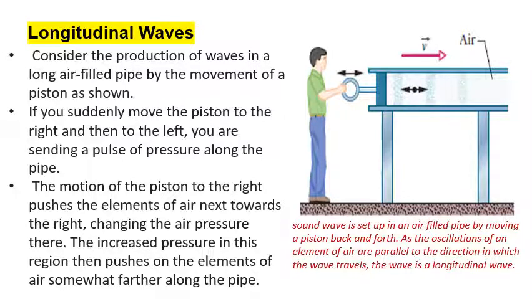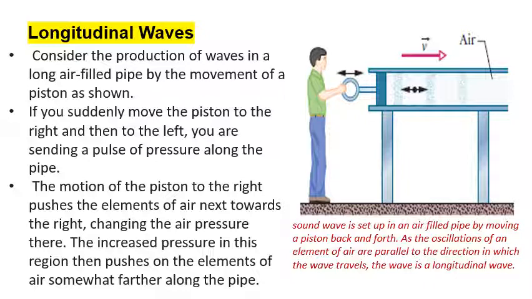Longitudinal waves. Consider the production of waves in a long air-filled pipe by the movement of a piston as shown. If you suddenly move the piston to the right and then to the left, a pulse of pressure along the pipe is sent.